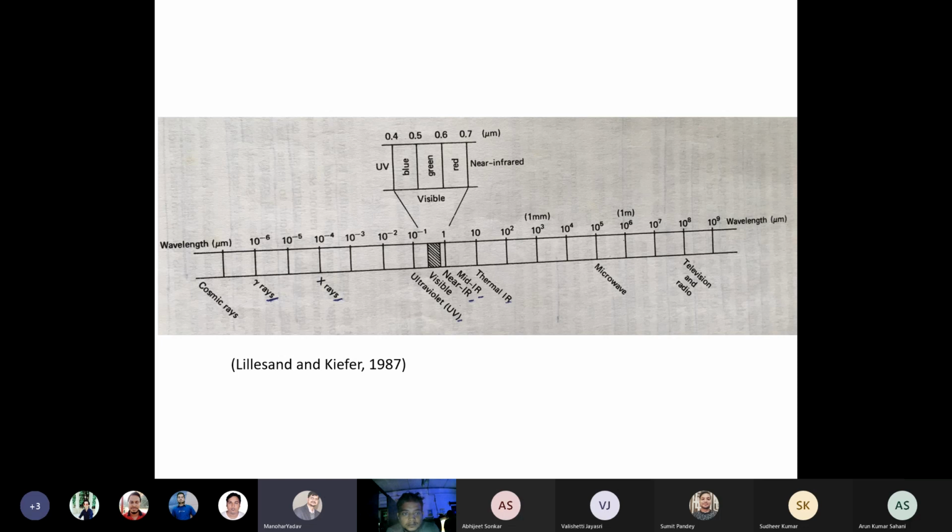I will come to that point later, on the electromagnetic spectrum, how much energy we have at a different wavelength.